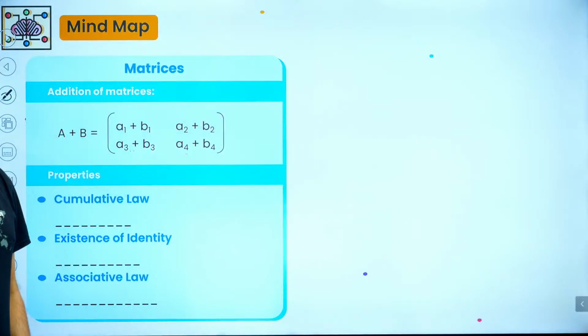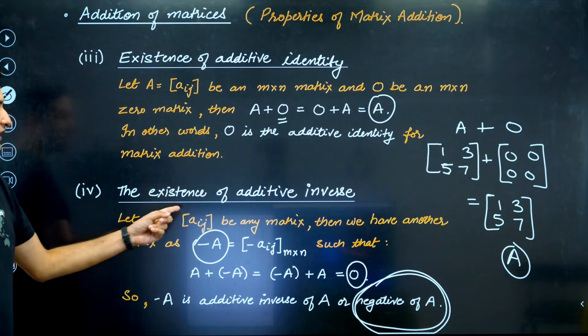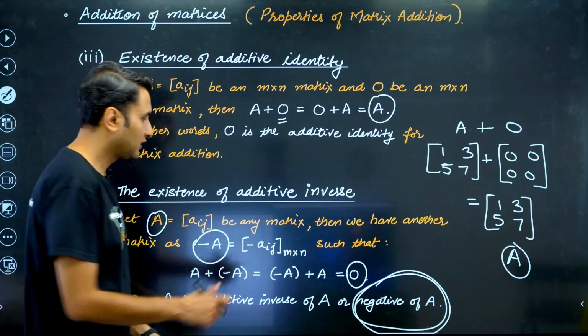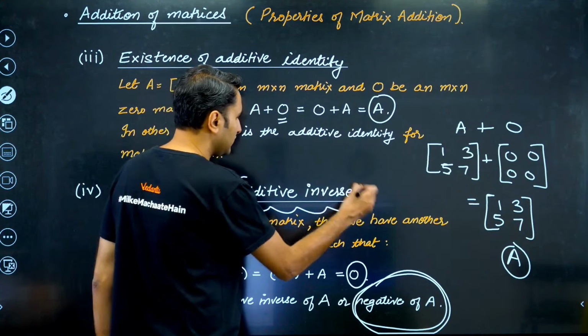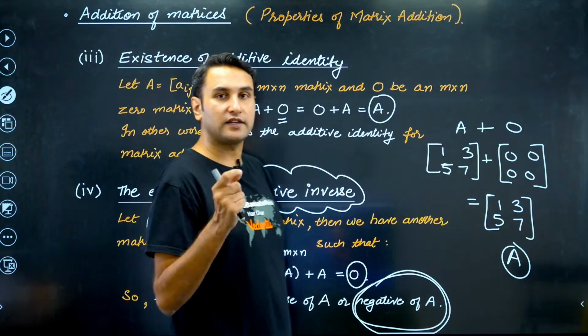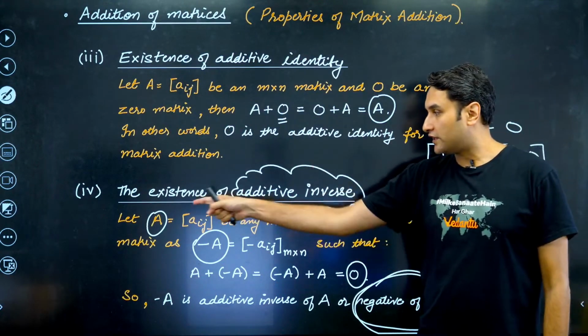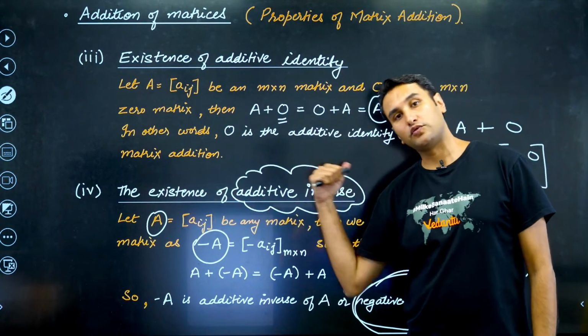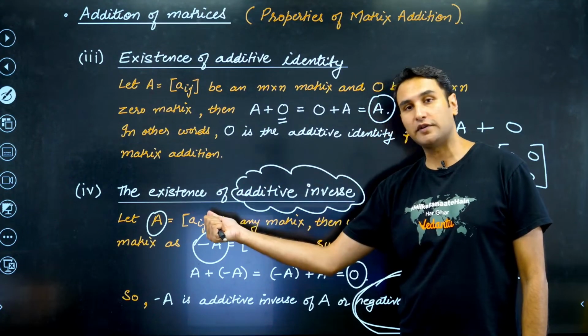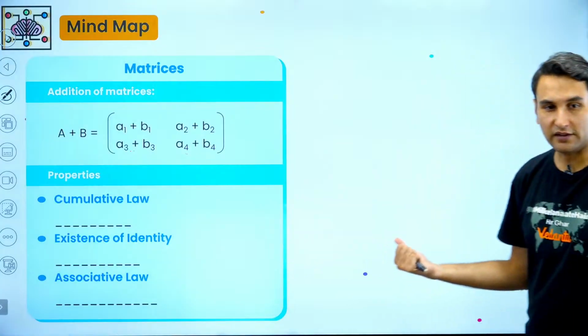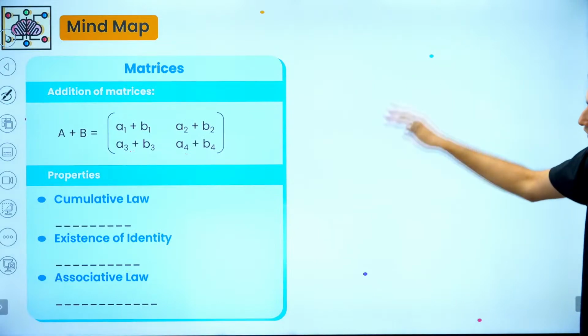This is exactly what we studied here. It's what we call the existence of additive inverse. Existence of additive inverse means yes, there exists a matrix which when added to A will give you the zero matrix. And what is that matrix? It is minus A. Clear?